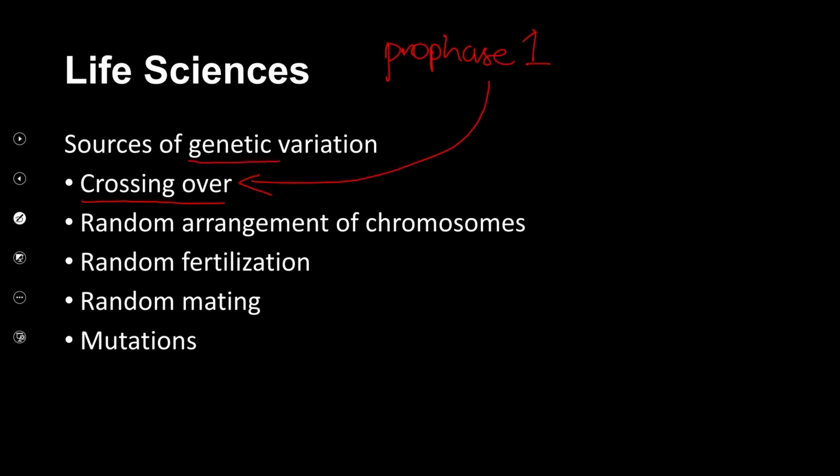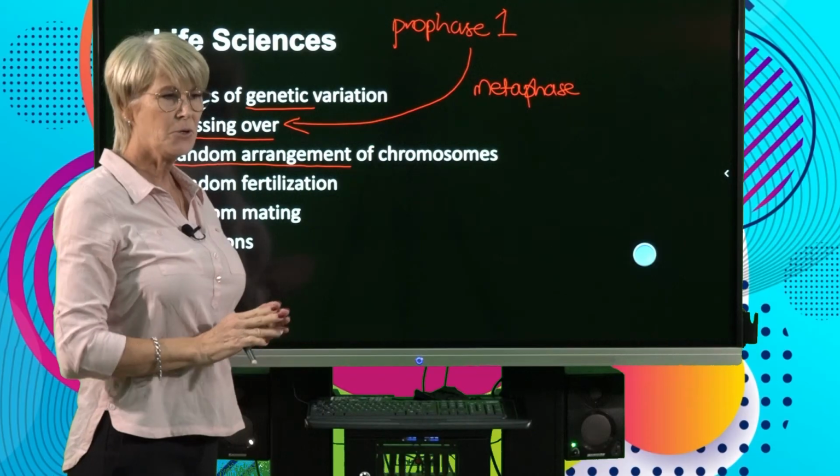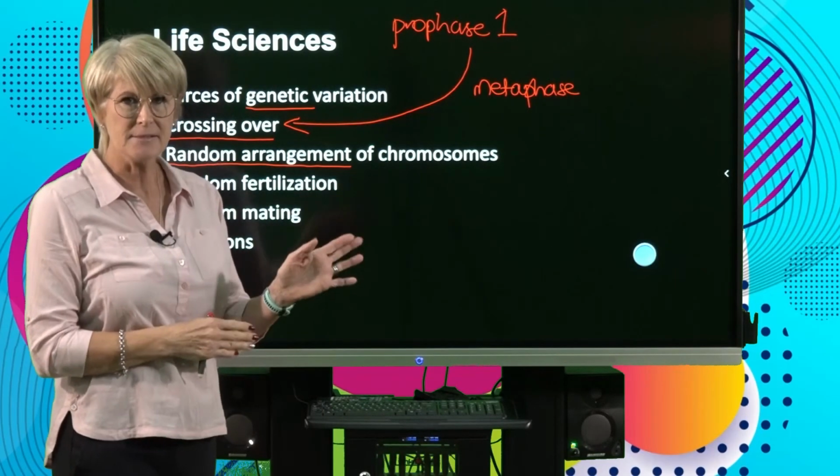The second place where genetic variation occurs is when the chromosomes line up on the equator during metaphase. In this phase of meiosis, they line up at the equator randomly. In other words, there isn't a set pattern.